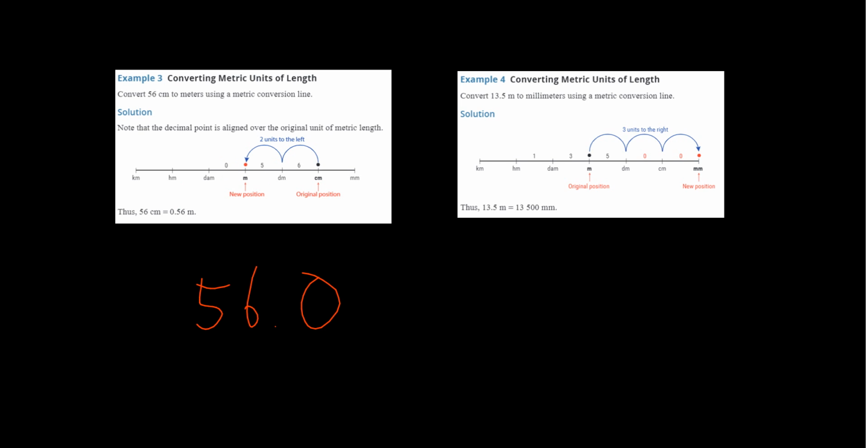Well, if I'm going from centimeters to meters, I'll just move this decimal 2 places over. So I get 0.56, and that's what we see here. We're just doing the measurement, moving it over. Now think about it, this is the whole point of the metric system. We don't have to do it the way we did in examples 1 and 2.